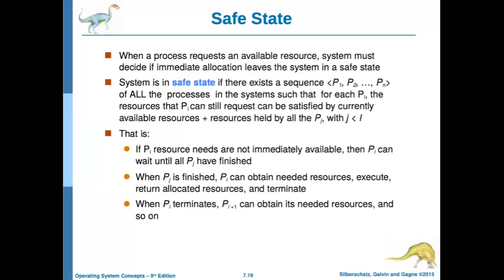Now safe state is actually a sequence of execution. For example, there are n processes P1, P2, P3, Pn. These are all of the processes in the system.